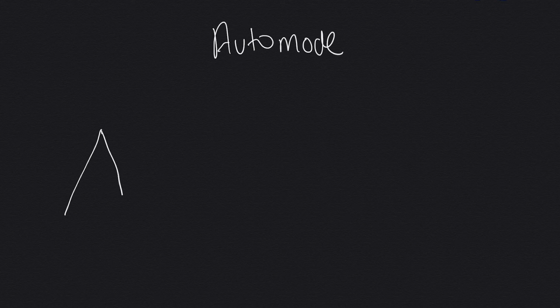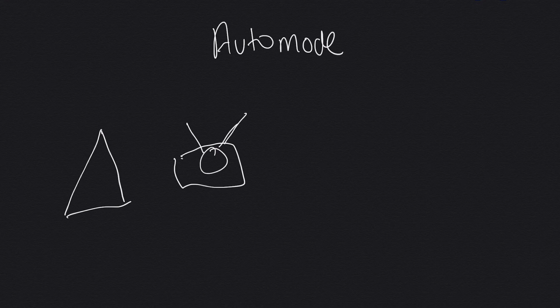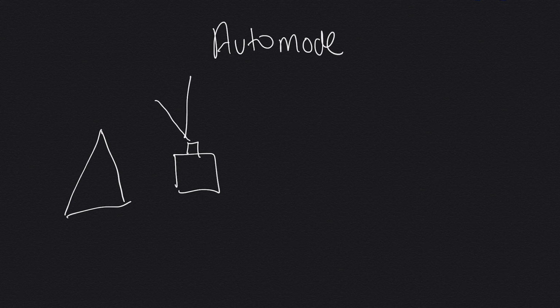In auto mode, what happens is that when your camera is looking out this way, we'll say the camera is looking out in this view. Let me redo that. My drawings are terrible. Somebody help me. Okay, here we go. So as your camera is looking out, it's taking a reading of the light.